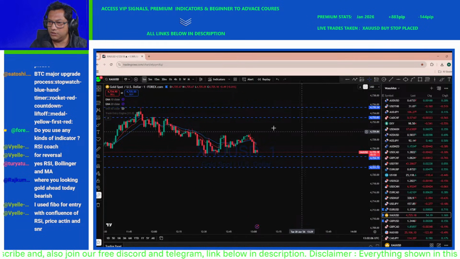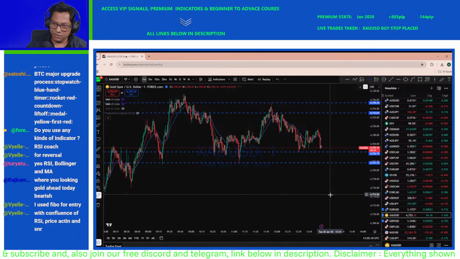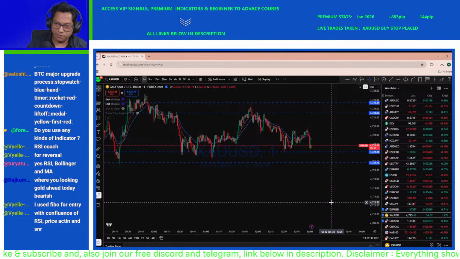Now there is a false breakout. This move can even go in this direction for deeper.